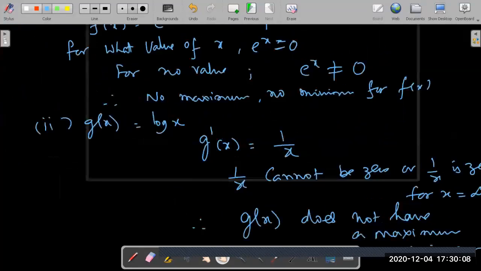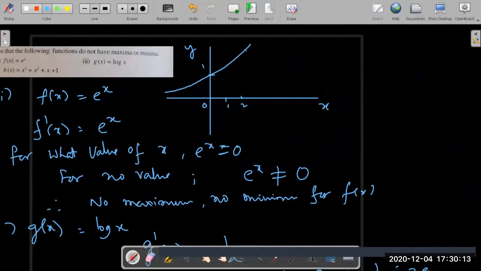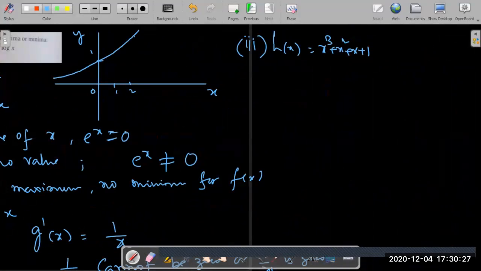The third one, h of x is x cube plus x square plus x plus 1. When I differentiate this, h dash x equals 3x squared plus 2x plus 1. To analyze it, we do completing the squares.